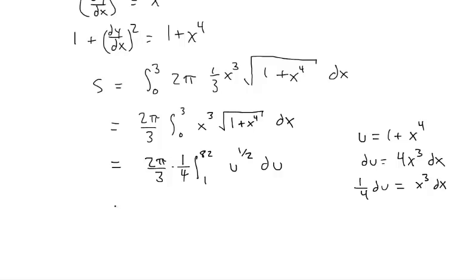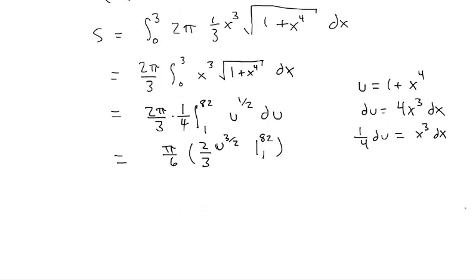And now we want to integrate. So the constants simplify down to pi over 6 times the integral of u to the 3/2 divided by 3/2, which is the same as multiplying by 2/3, evaluated from 1 to 82. And now I'm going to combine my constants and leave them out front again.